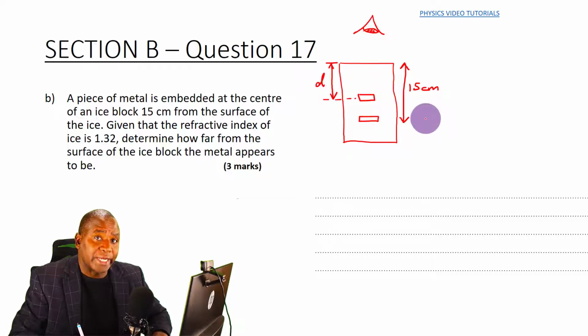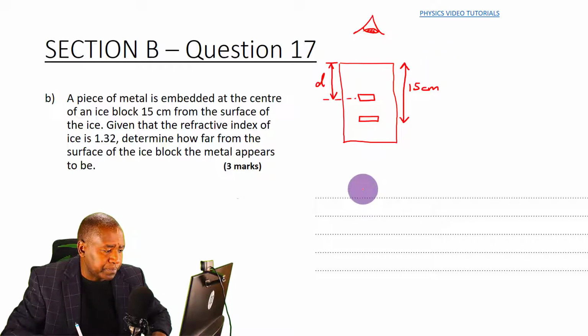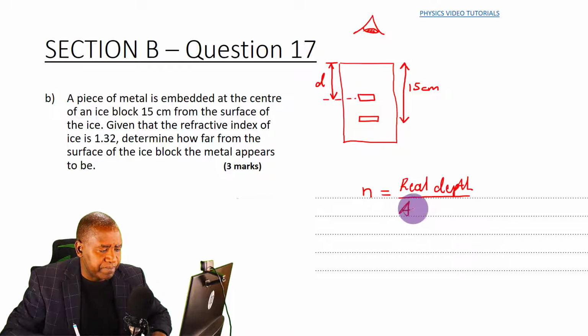Now here we are talking about the real and apparent depth. This is the real depth. 15 centimeters is the actual depth of that metal from the surface of this material, while the apparent depth is how far it appears to be. The refractive index of this material, n, is given by the real depth over the apparent depth.